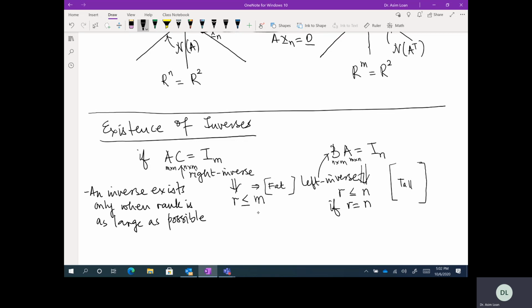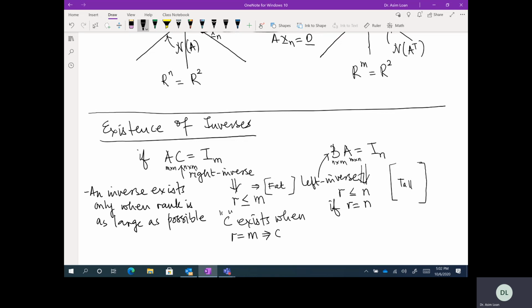So when R is less than or equal to m, an inverse exists. So C exists when R is equal to m. And this implies, when R is equal to m, the column space is all of R^m.